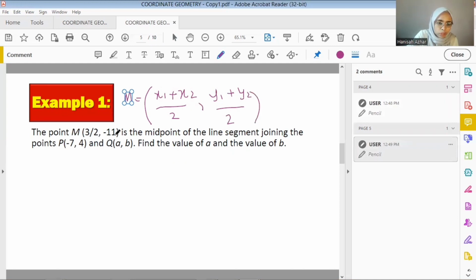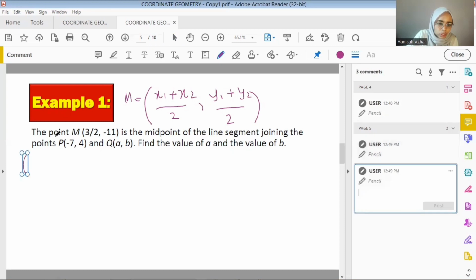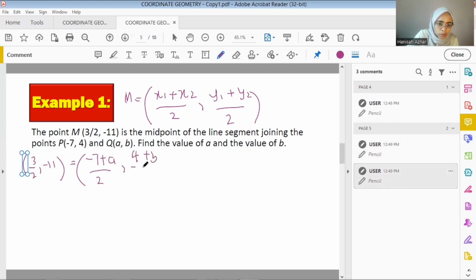So here the midpoint is given, so we just substitute the value of M. (3/2, negative 11) equals, open bracket, x1 is negative 7 plus x2 is a, divided by 2, and for y, 4 plus b divided by 2, close the bracket.